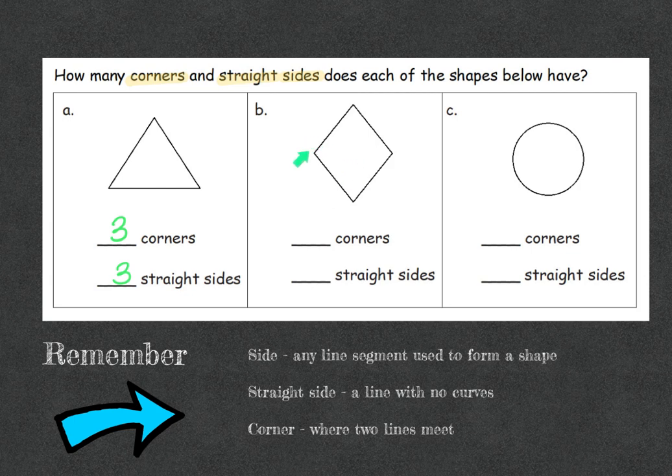We can see that it has 1, 2, 3, 4 corners and 1, 2, 3, 4 straight sides. And last, we have our circle, which we know does not have any corners and no straight sides because it's made of a curve.